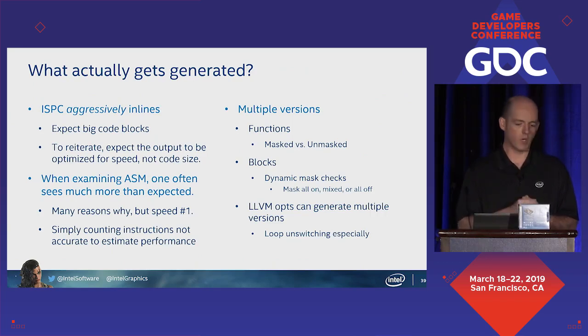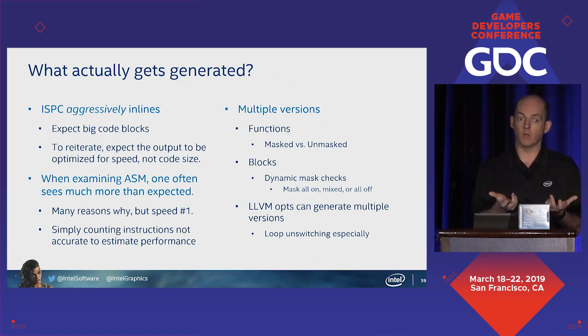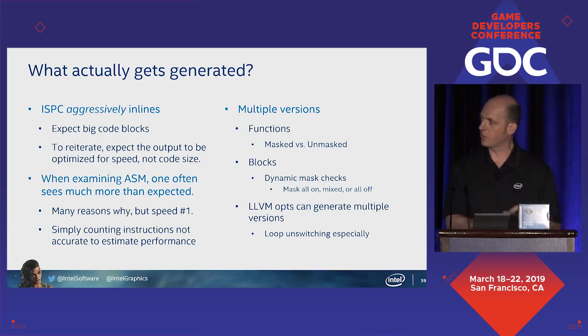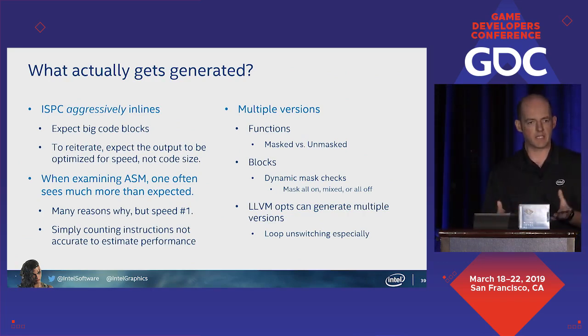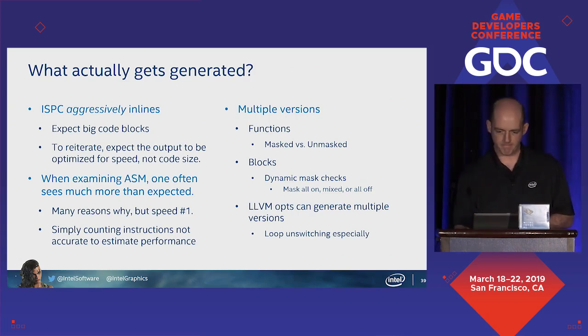Perhaps there's a masked version and an unmasked version. By that, we mean if you know that all of your SIMD lanes are active, then it won't mask out SIMD lanes, and it will just run this code on all SIMD lanes. Or perhaps you're at the end of one of the foreach loops that Pete was talking about. Perhaps you've only got 4 active lanes out of 8. Therefore, you need the function to be aware of that mask. So there's a whole bunch of stuff that goes on. When you start looking at the assembler, you will see this, but don't be alarmed. It's purely there for performance reasons.